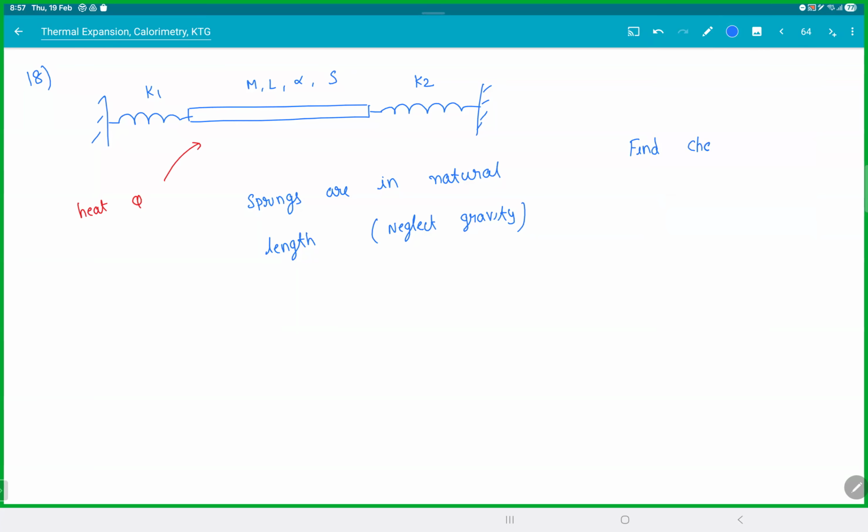Again, same story. You give heat to the rod, its temperature will change and the rod will expand, the springs will get compressed. Find the change in temperature and the compression in the springs. Assume no elastic energy in the rod. Logically speaking, the rod will actually feel it got compressed. We are ignoring it.